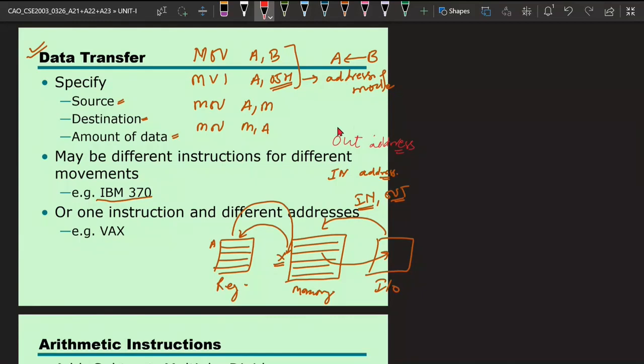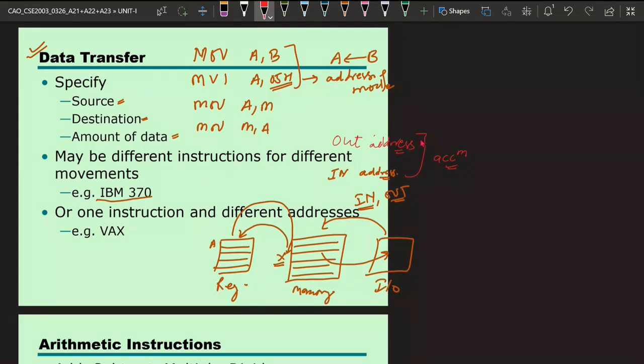In that case, by default here we are having a one address type of instruction. The other address is by default the accumulator. So the accumulator will be considered here as the default source. In case of out, the accumulator content will be placed to this location. In case of input, the data from this address will be placed to the accumulator.